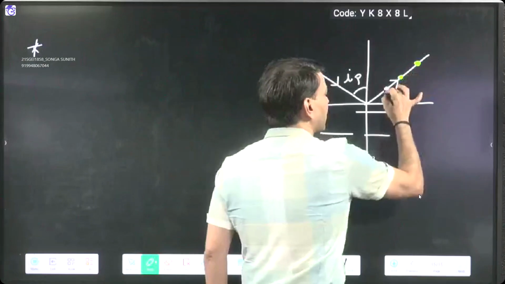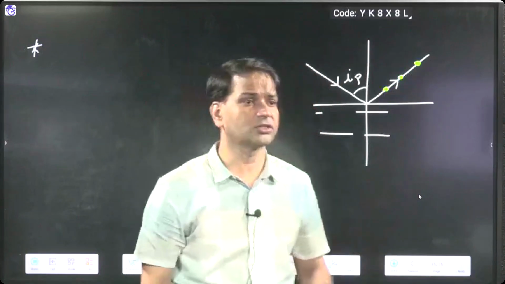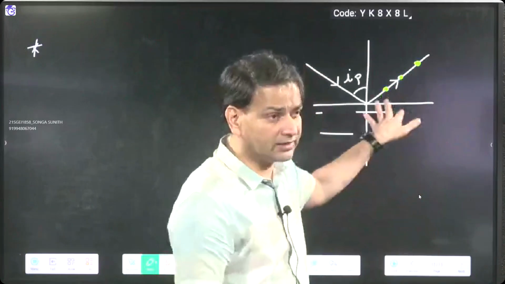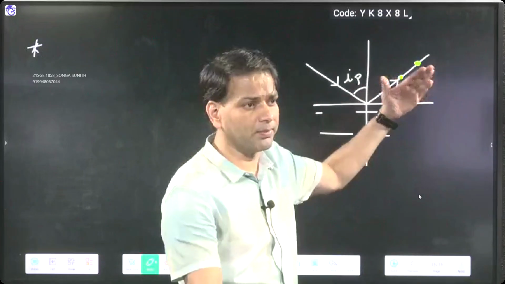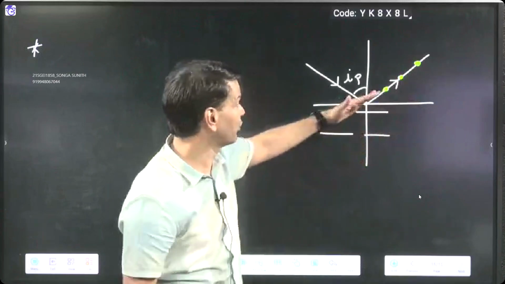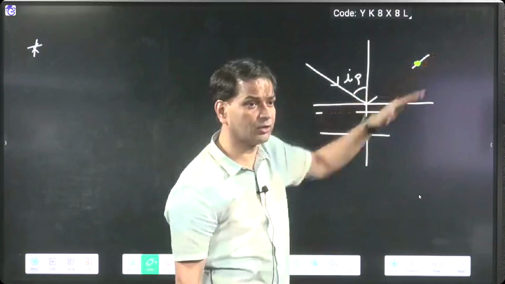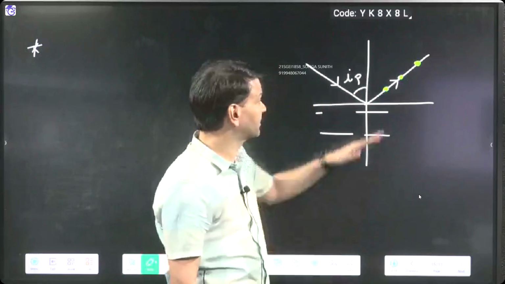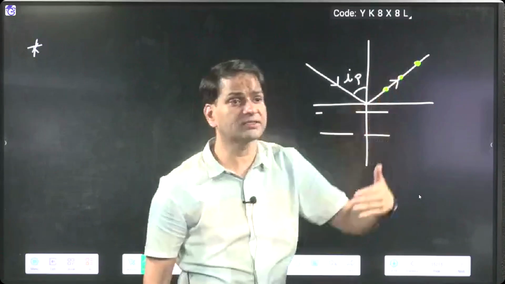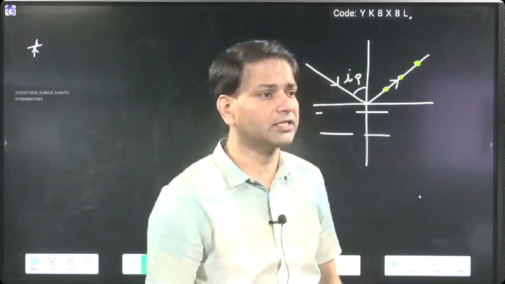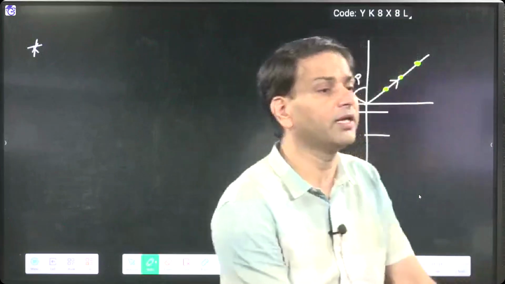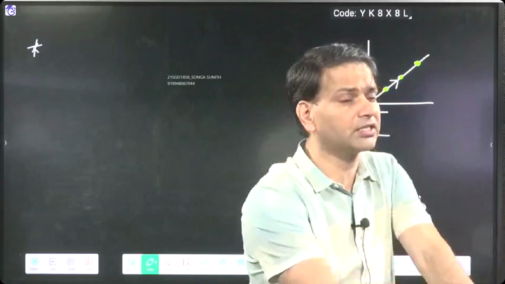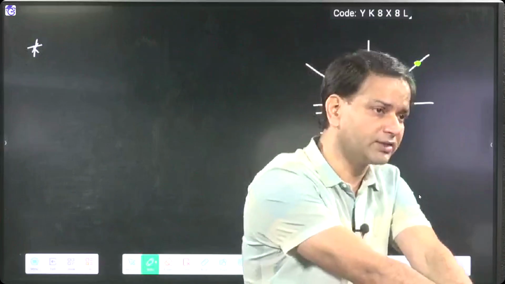It means the oscillation of the polarized light is into the plane. Incidence plane is the board plane, and the oscillation of the reflected plane polarized beam is into the board. Into the board means it is perpendicular to the plane. That's why I said plane of polarization means all oscillations lie perpendicular to the plane. That's why the plane of polarization is perpendicular to the plane of incidence.